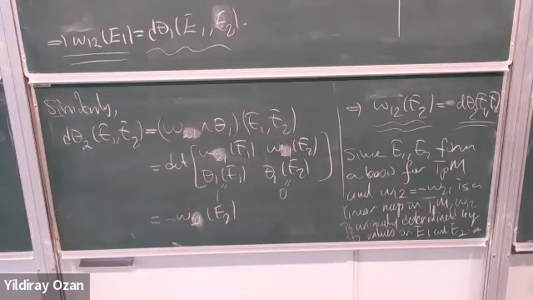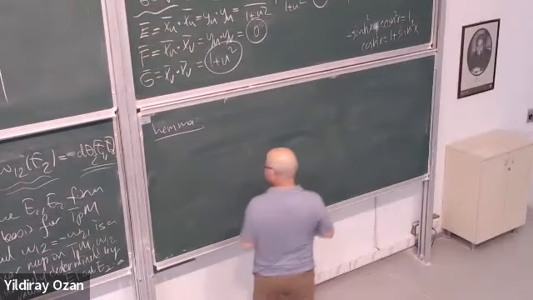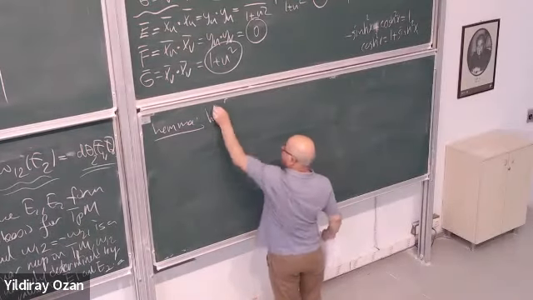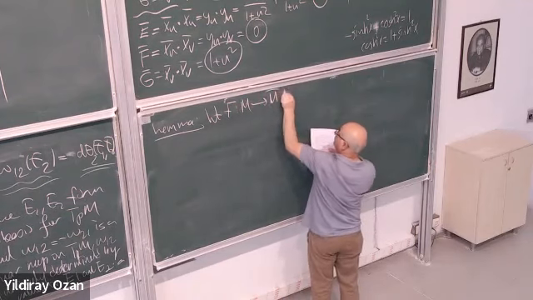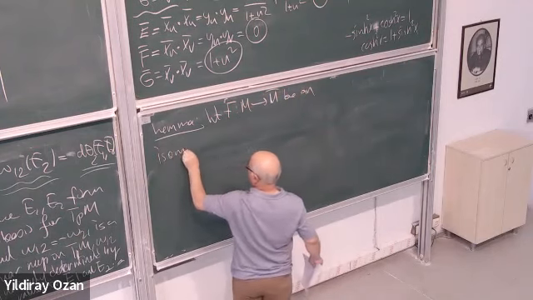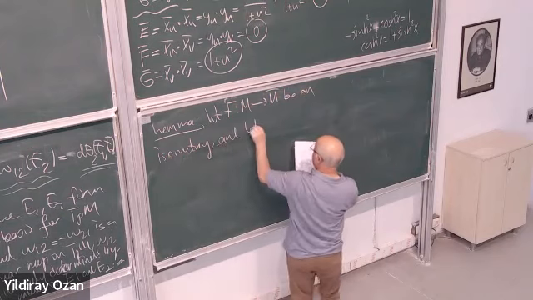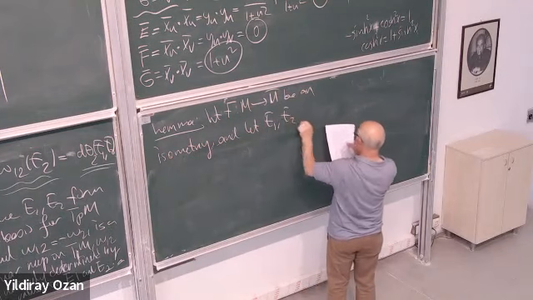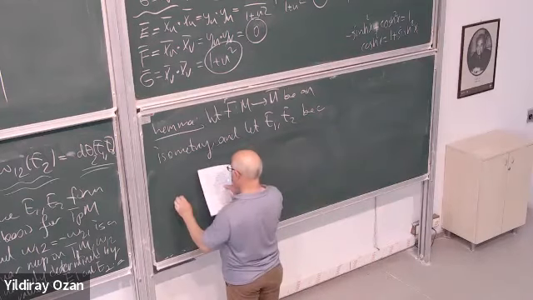Okay, here's the lemma. Let me switch to board 3. Let F from M to M bar be an isometry. And let E1, E2 be a tangent frame.